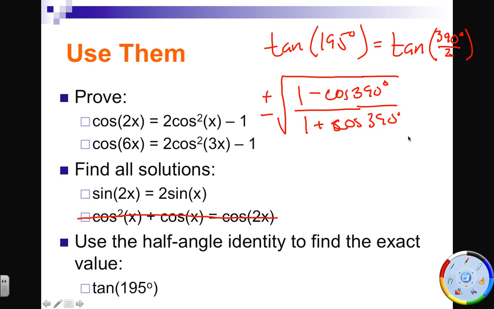And if you don't know where 390 is, 390 has a coterminal angle to 30 degrees in quadrant 1. Well, in quadrant 1, cosine of 30 degrees is root 3 over 2.